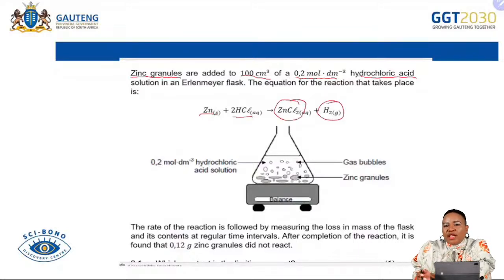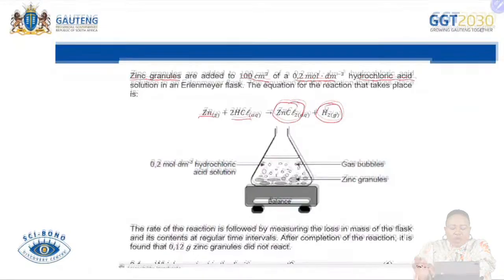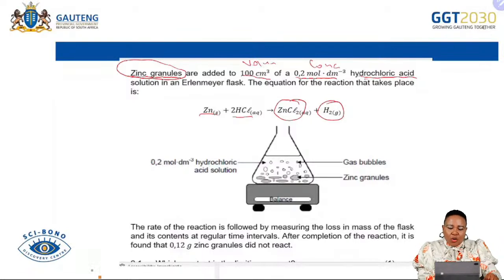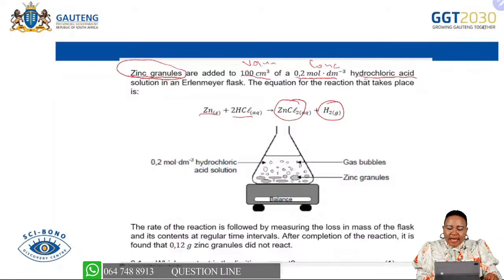So you are provided with a reaction and with information about the zinc granules and also the concentration of HCl. Here is the mixture inside the flask, and we can see bubbles of gas forming and going out, and this is the hydrochloric acid and these are the zinc granules.